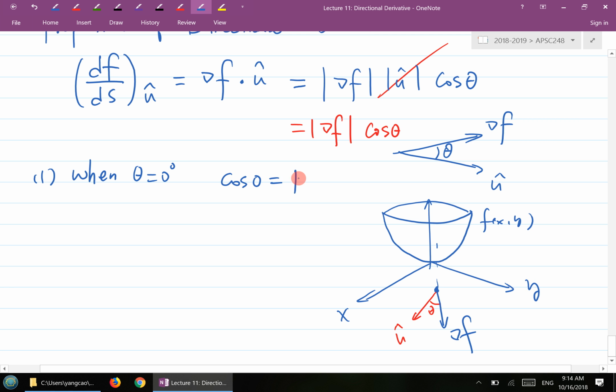By the way, I got some questions during the exam, like what sine pi is, what sine 0 is, what cosine 0 is. So I want to make my expectation clear.